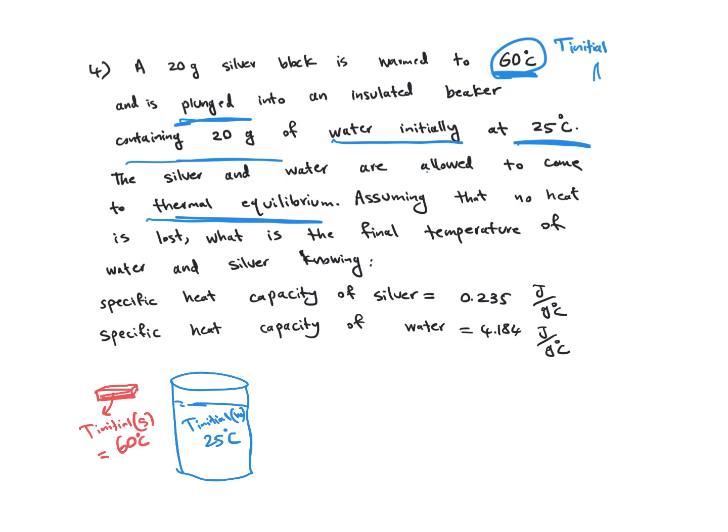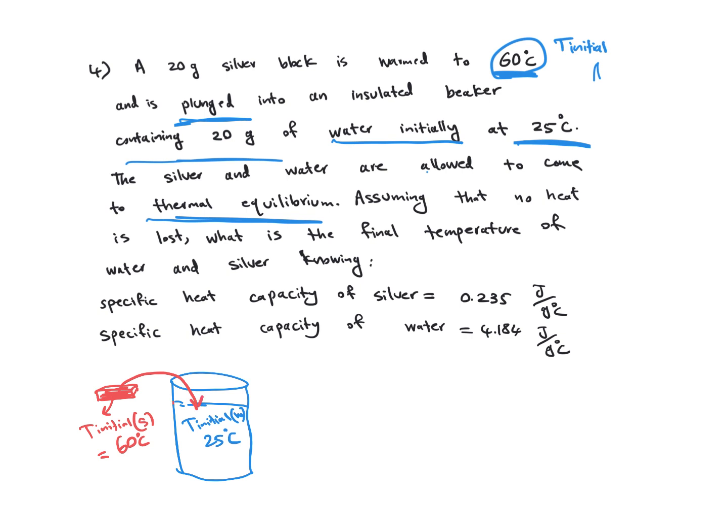So, it's good that you try to have a sense of the problem that you're solving. This is much hotter compared to my body of water, okay? And what I do is that I put this in my system.